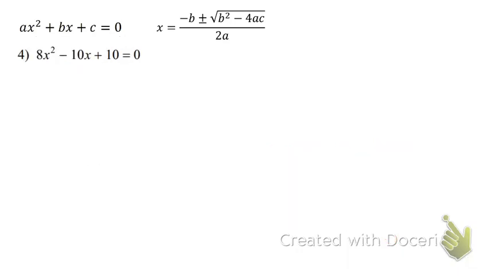Okay, last one, number 4. First, find your A, B, and C, and you really don't have to write those down. You can go straight to the formula. So A is 8, B is negative 10, and C is positive 10.